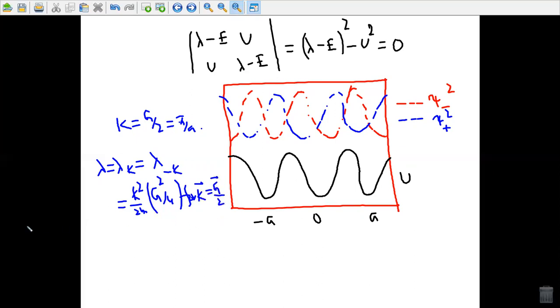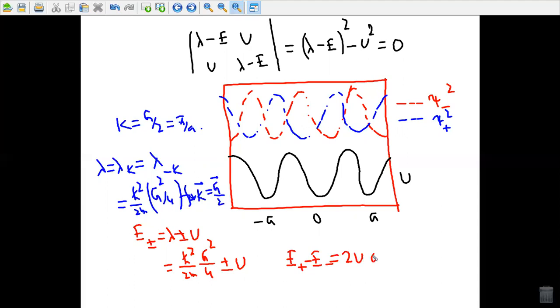Thus the energy values are E plus minus equals lambda plus minus U, which is h cut square by twice m G square divided by 4 plus minus U. At the zone boundary, a splitting of size E plus minus E minus equals twice U occurs.